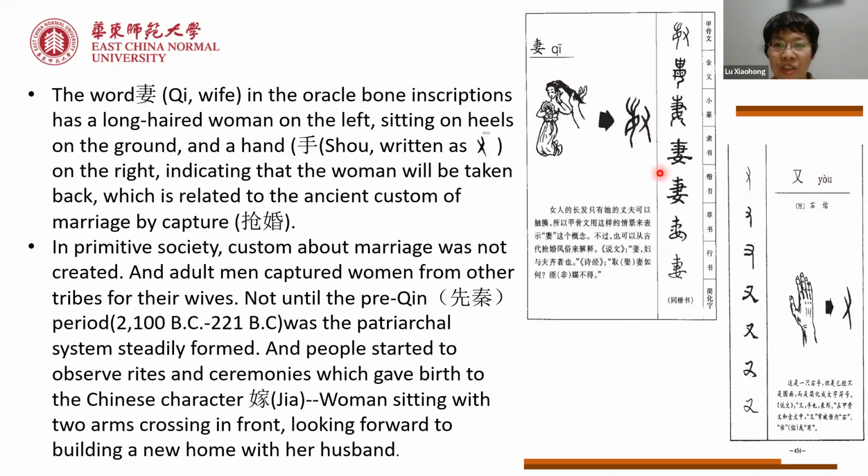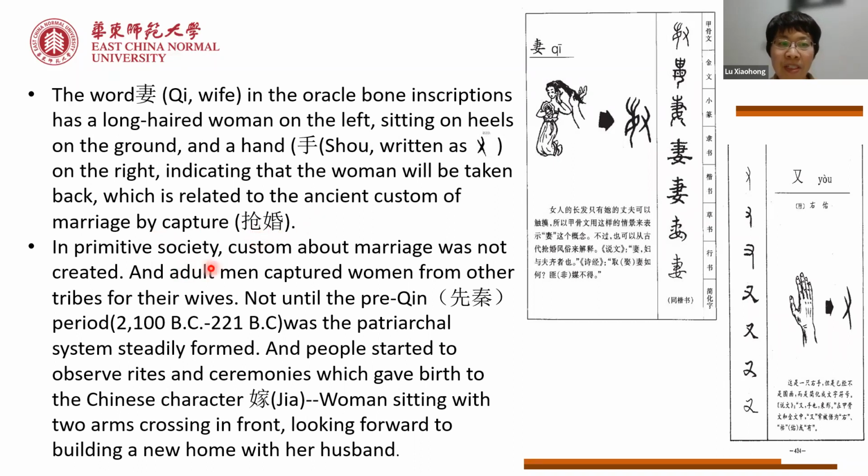This is pronounced as you, but here it actually means hand. So on the right side is a hand, on the left side is a woman with long hair, which is related to the ancient custom of marriage by capture. So the word qi shows the custom of marriage by capture.